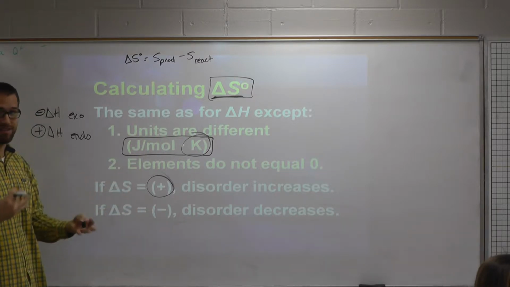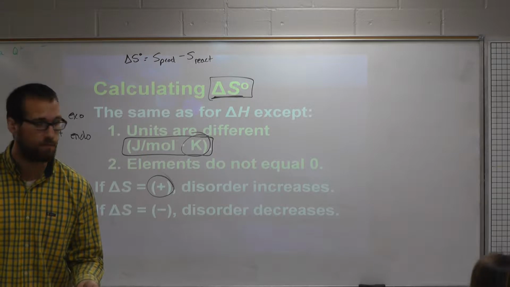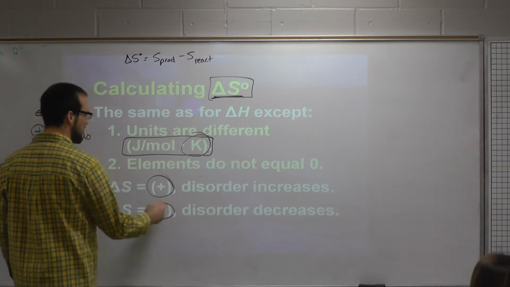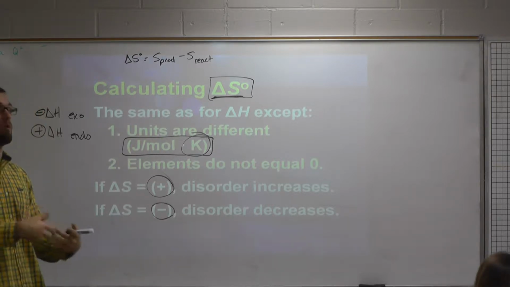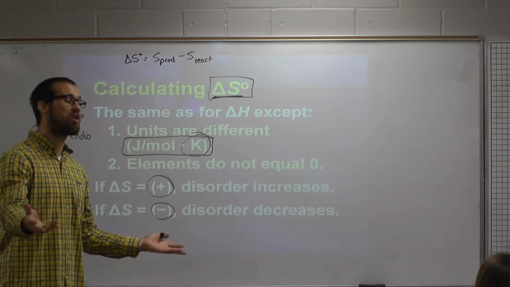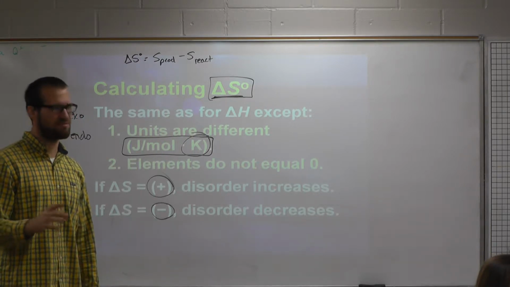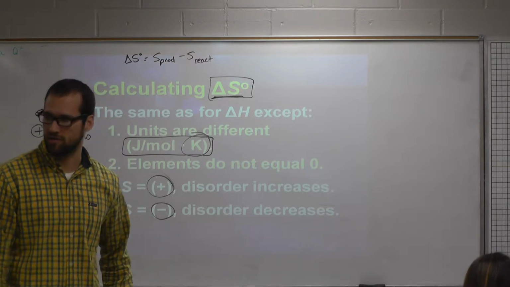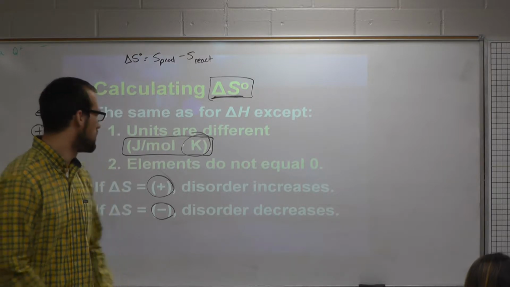So if you have a positive S, that means it's becoming more disordered. And a negative means your disorder is going down, or you could flip it and say you're becoming more ordered. I don't want to use stable because that's more used for energy, and I don't want to confuse those two things. You guys with me on sign convention?